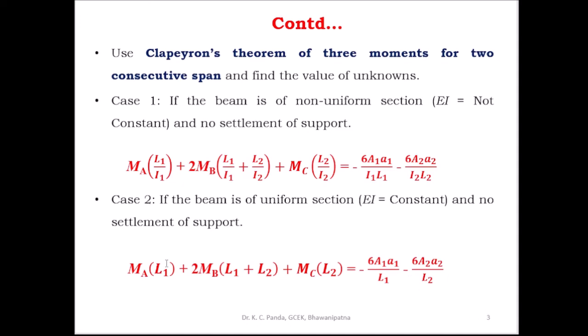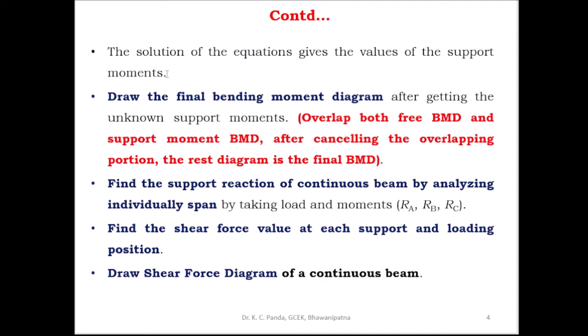So this is the Clapeyron theorem of three moments, for a non-uniform section and for a uniform section. The solution of the equations gives the value of the support moments.